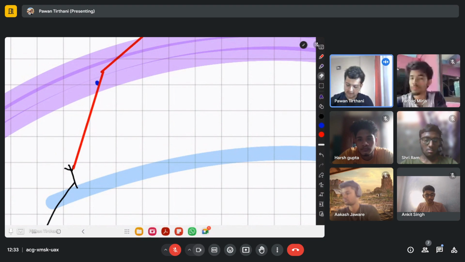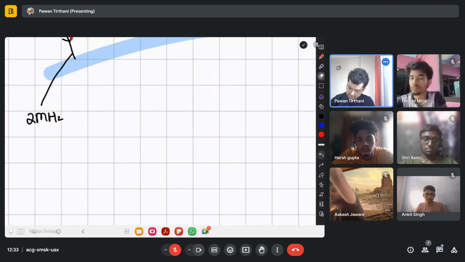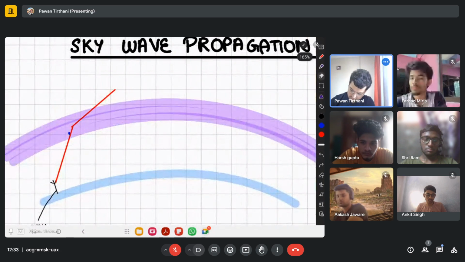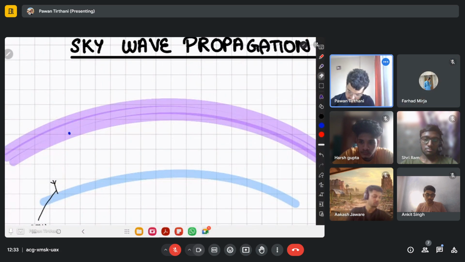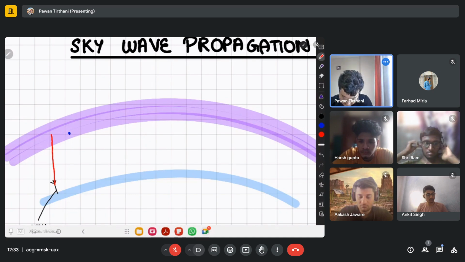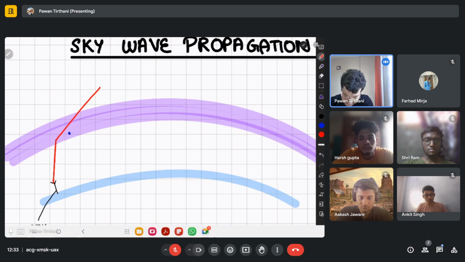Great. So see, now यहाँ से एक वेव गई, it hits the ionosphere and it flies away from the normal. Now I'll make the angle keep on increasing.